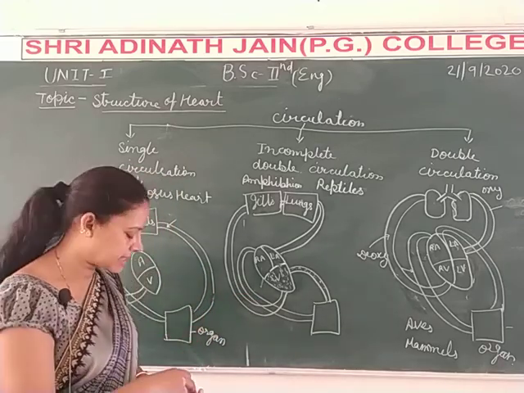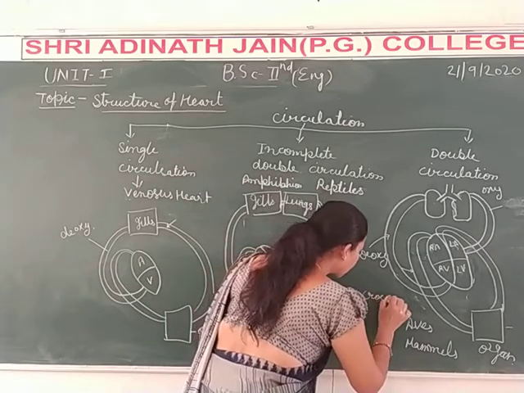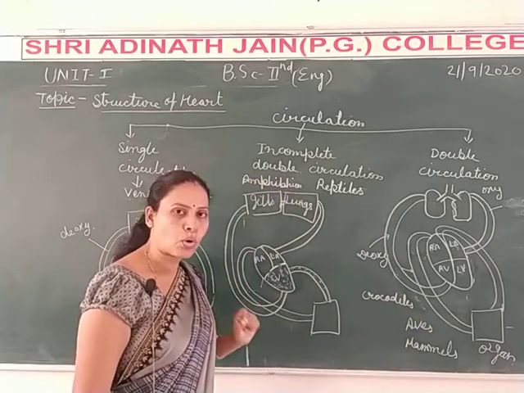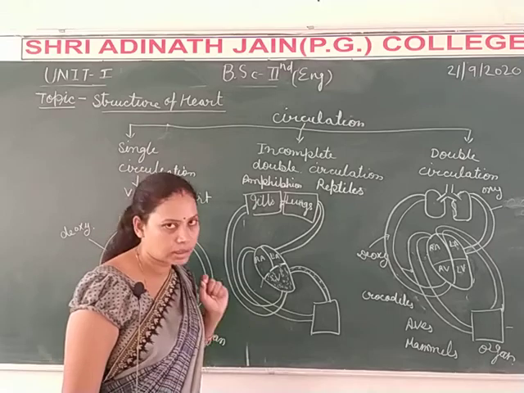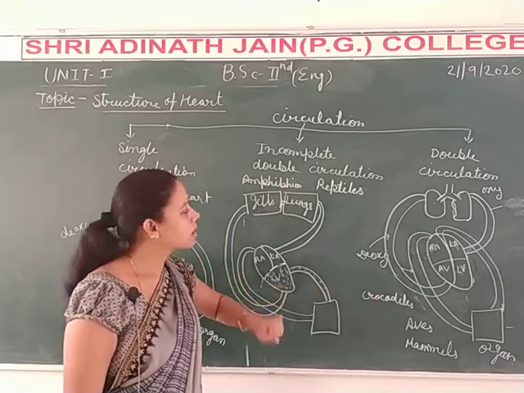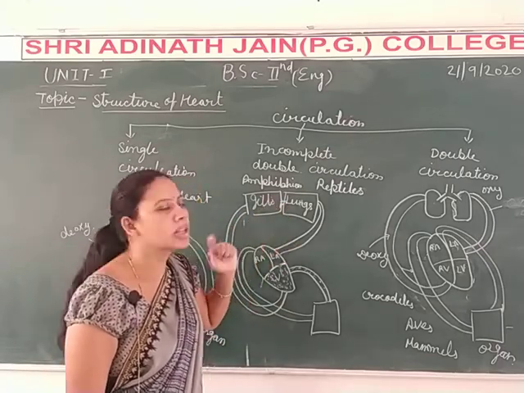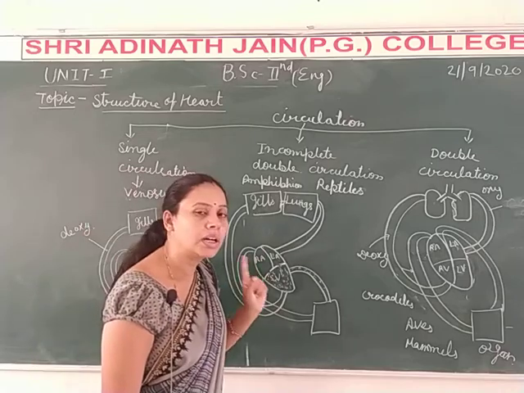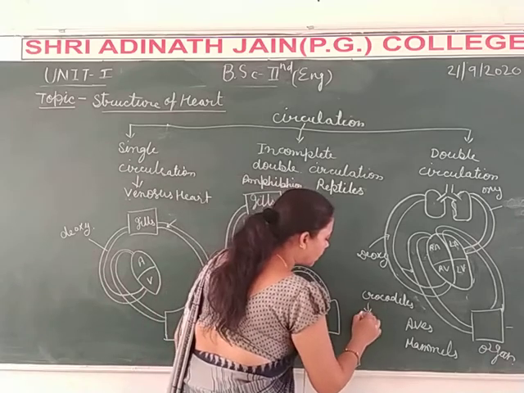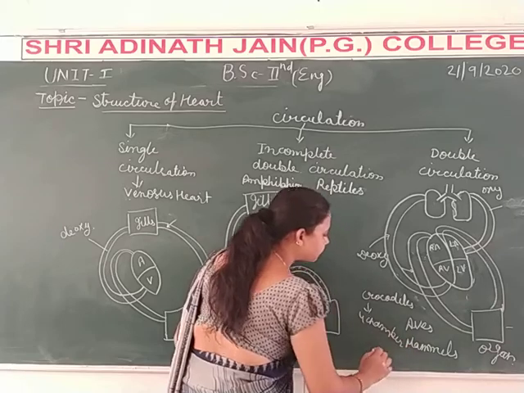But there is an exception, the crocodile. The crocodile is a reptilian animal, so it should have incomplete double circulation. But the heart of the crocodile is four-chambered. In the heart, four chambers are there.